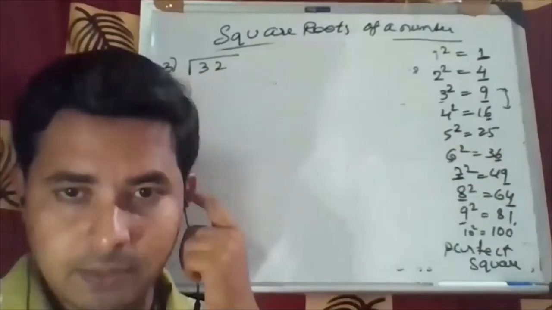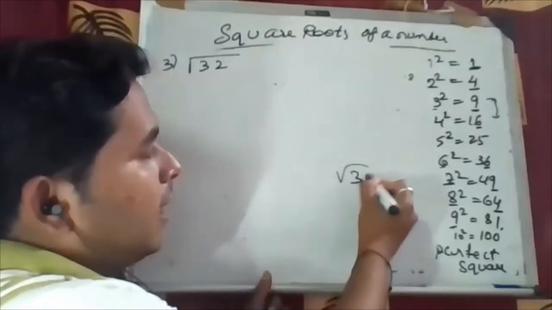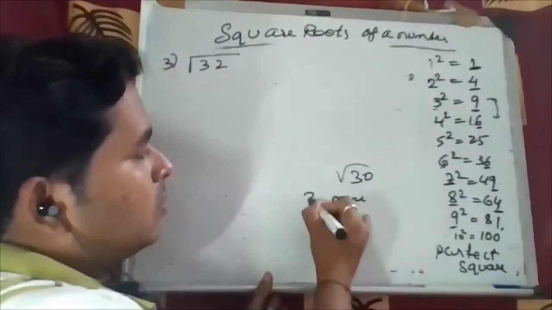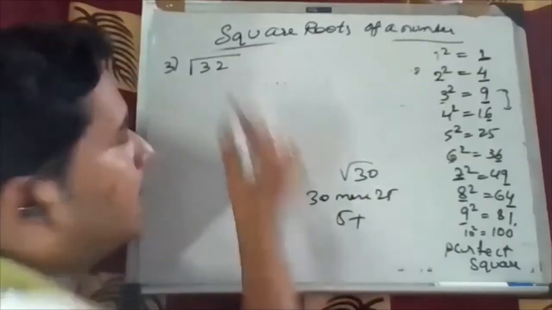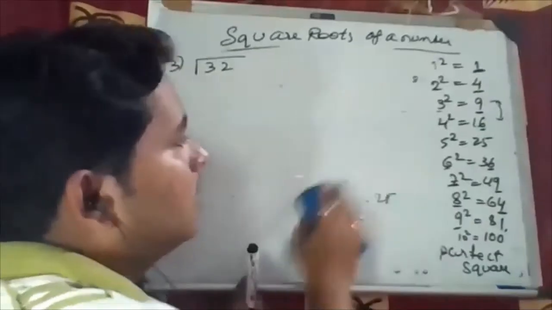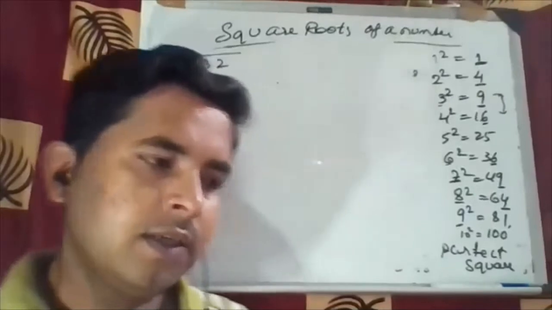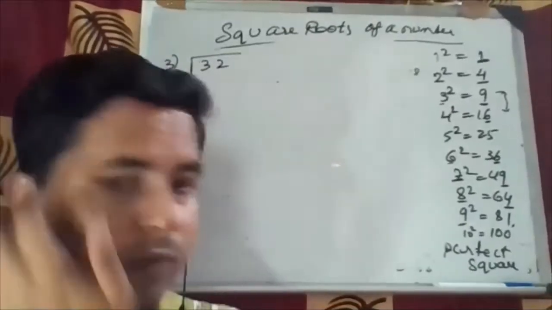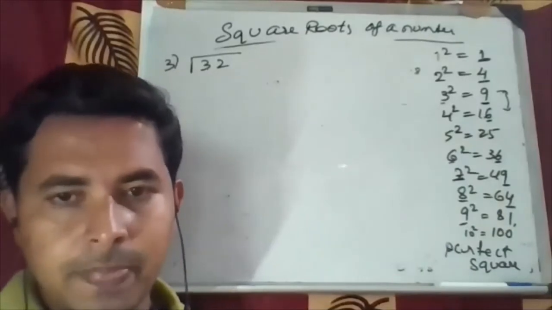In the previous example, when I took 30, it was more than 25, so I added with 5 plus. But here, root 32 is less than 36. It is not more than 36.